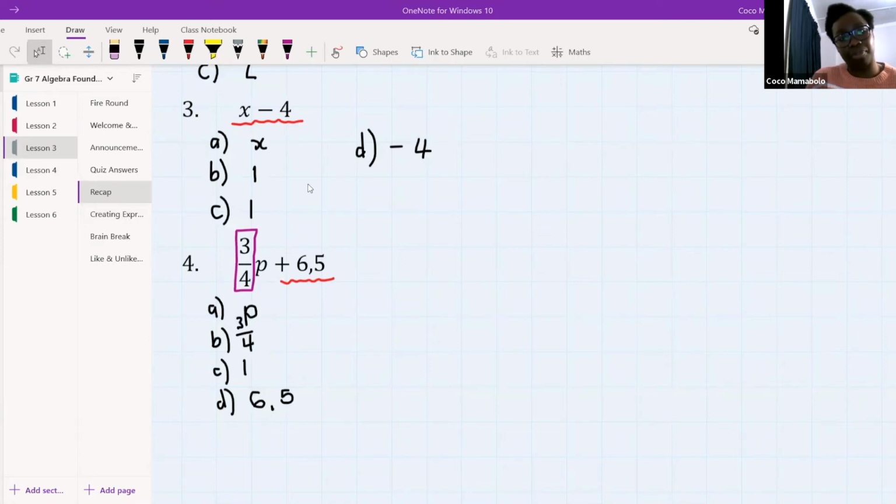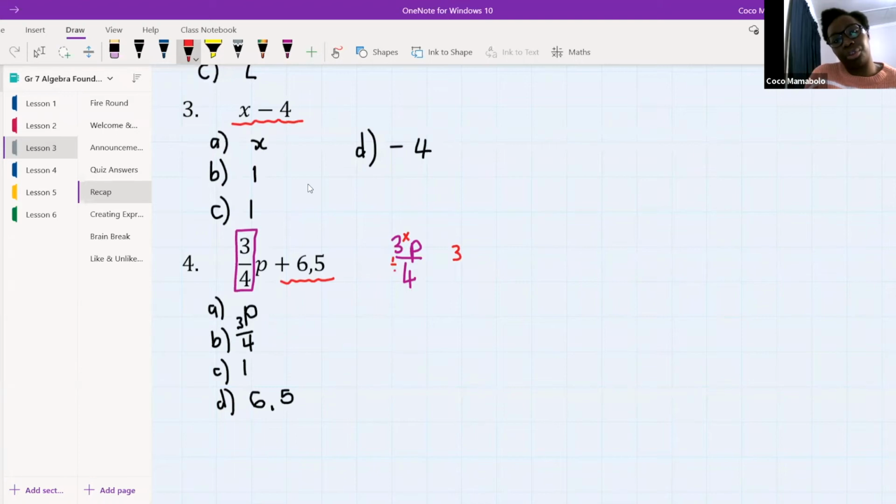as a fraction. I could have written it as 3p/4. But that's a bit confusing, because if you think about what's happening, P is being multiplied by 3 and divided by 4. So instead of doing it like that, I've split it up.